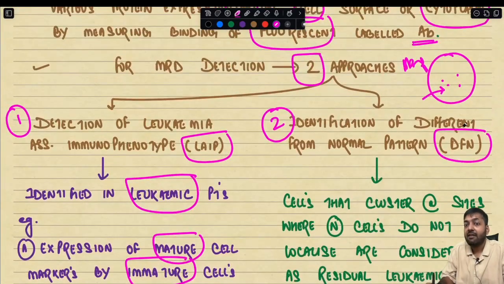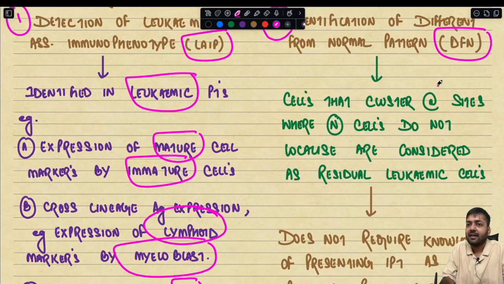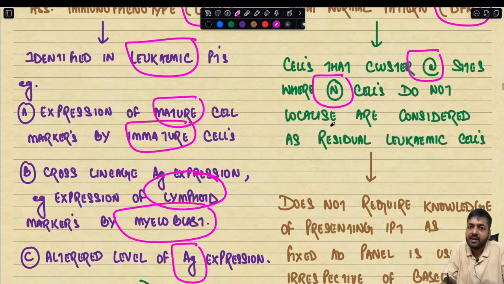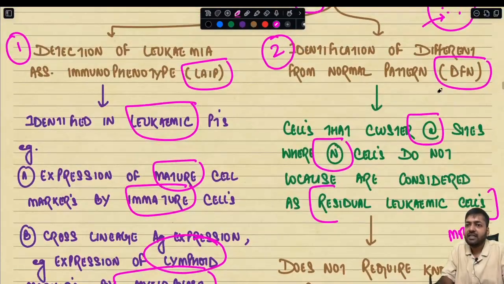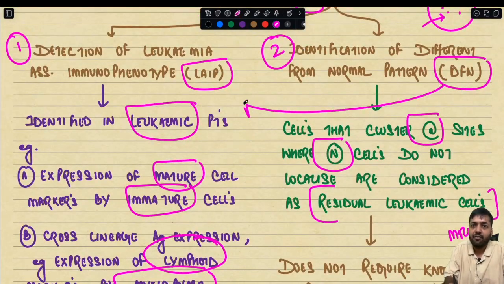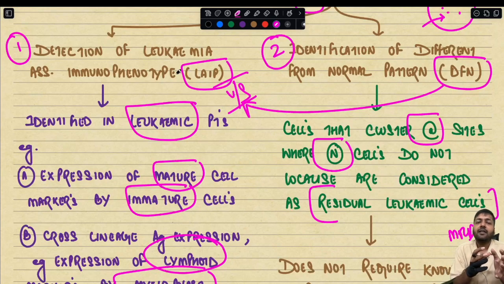Second is DFN, identification of different from normal pattern. The cells that cluster at sites where normal cells do not localize are considered residual leukemic cells or MRD. So one advantage of this DFN approach versus the LAPE approach: remember, in LAPE you require a reference immunophenotype to compare, not always, but many times you work with a reference LAPE.